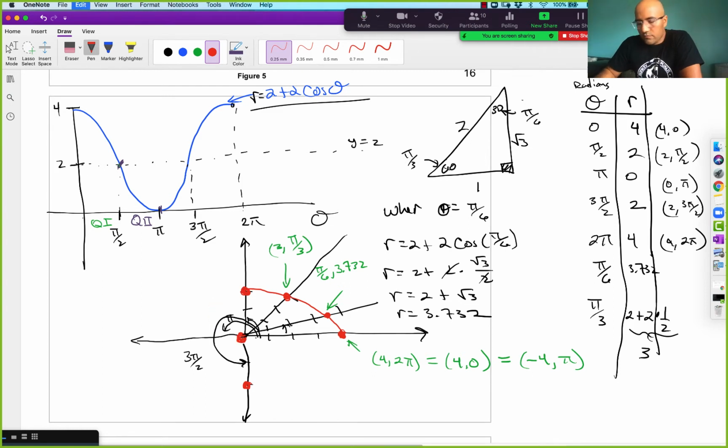So that helps me see that this thing is going to look like this. Oops, that got away from me. There we go. That looks better. Good.